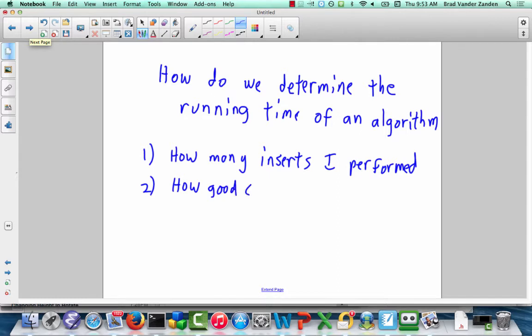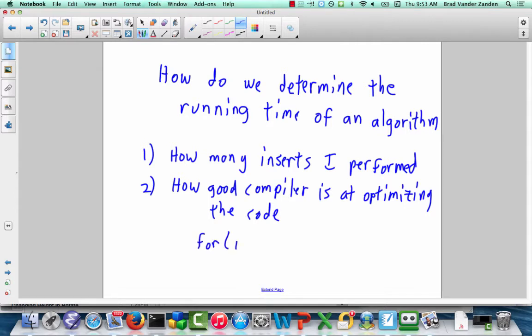So compilers perform optimization. Just as a very simple example, I might have something for i equals, say, 1 to 100, a equals i plus 3 times 100.